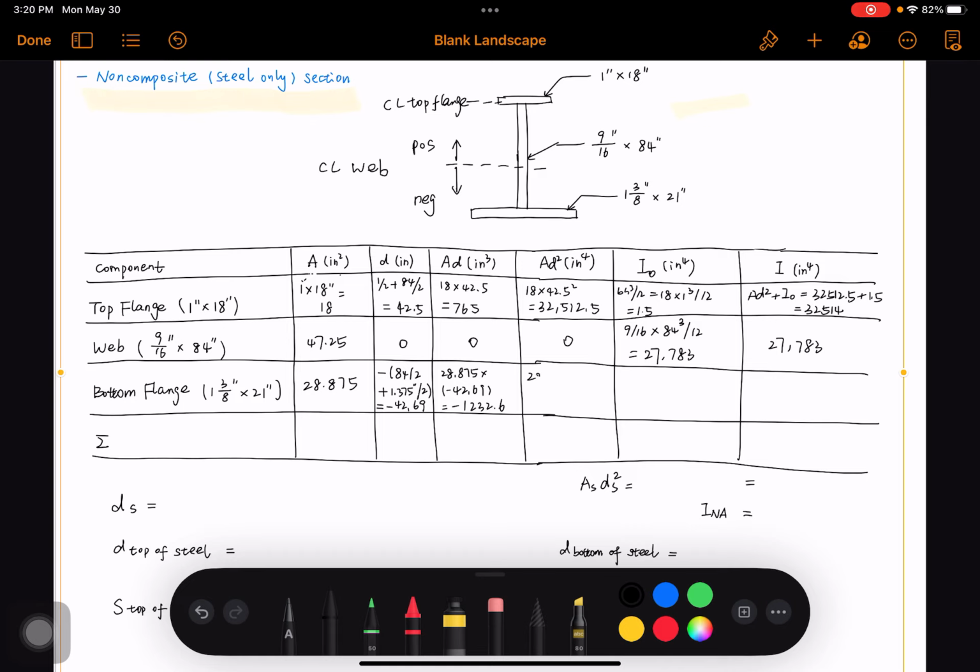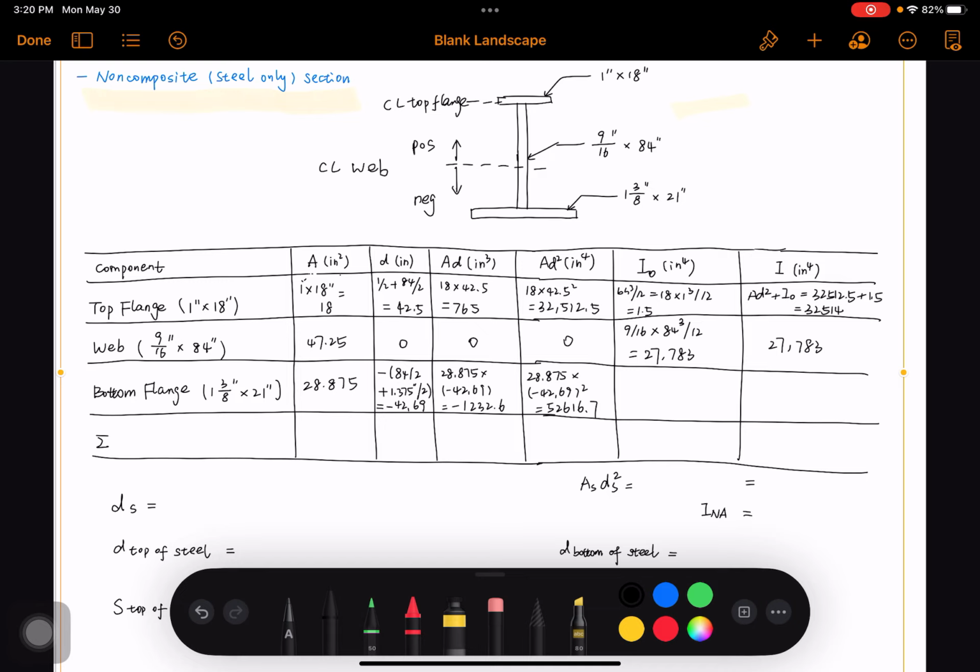And AD squared is 28.875 times negative 42.69 to the square, which gives 52616.7.